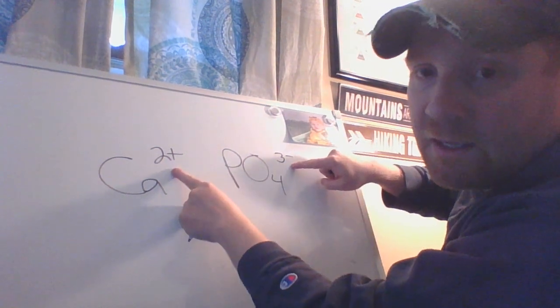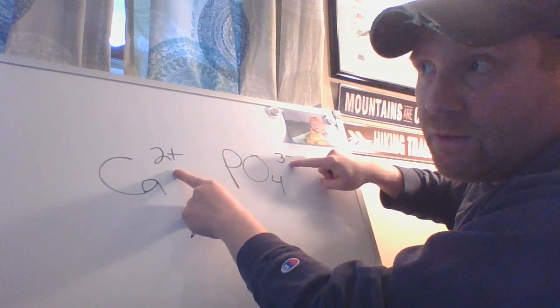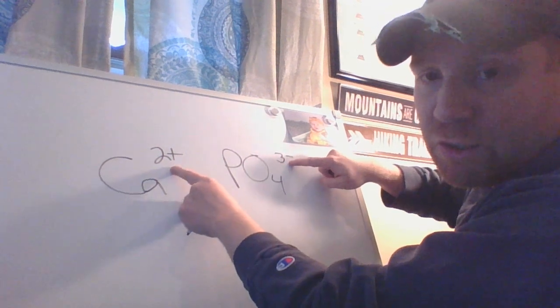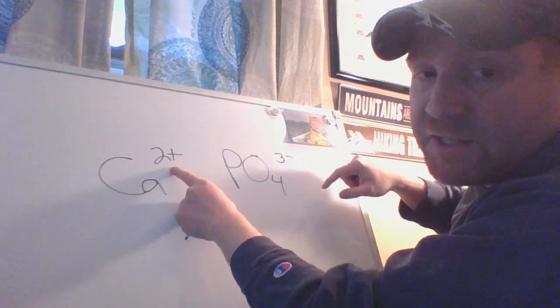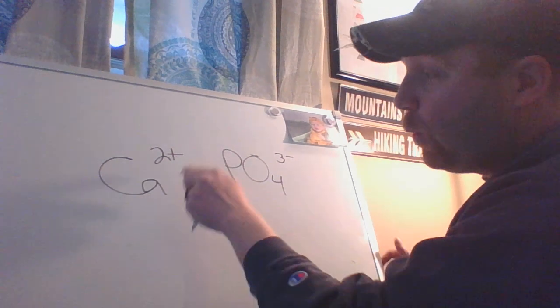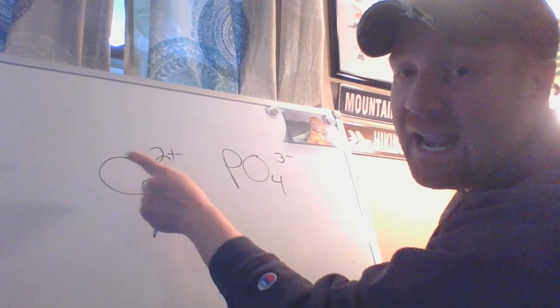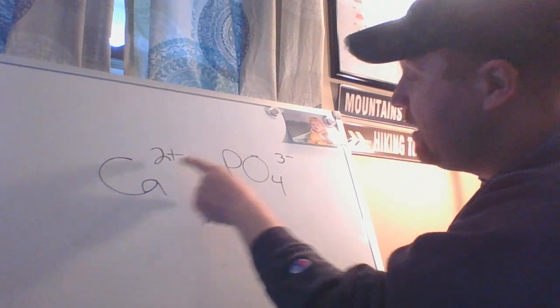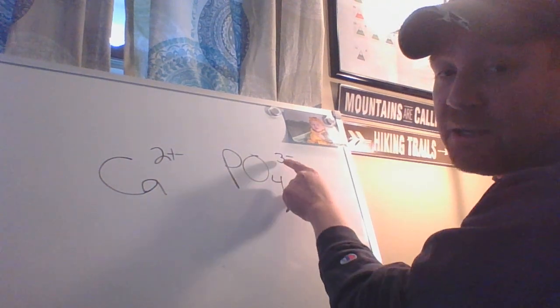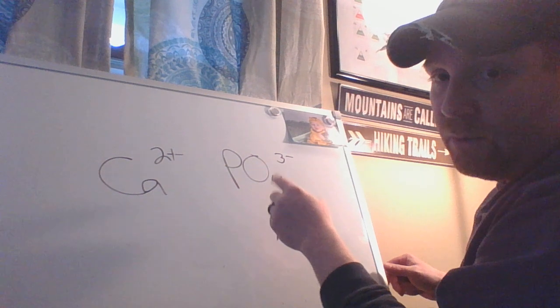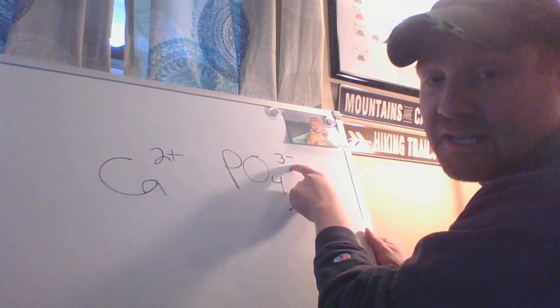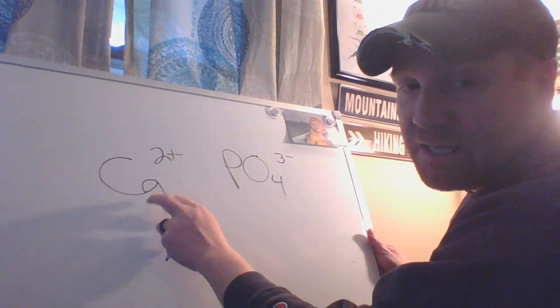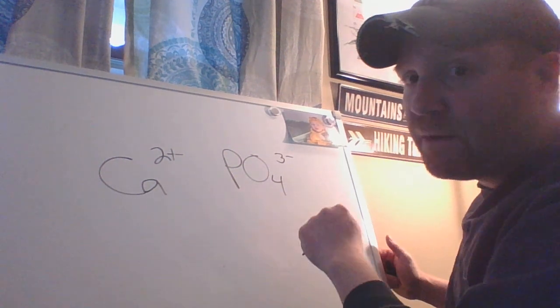I want you to be thinking least common multiple. Is there a number that both of these charges could go into evenly? And the answer is 6. We need this left side, this cation side, to be 6 plus in total. We want this anion side to be 6 minus. If each calcium is worth 2 plus, how many of them are we going to need?